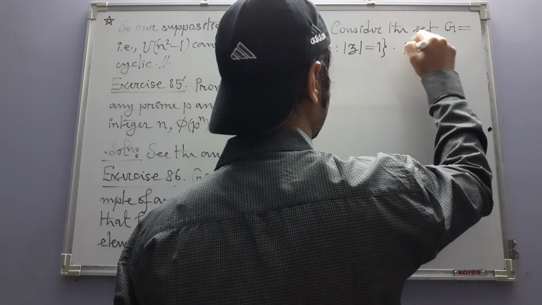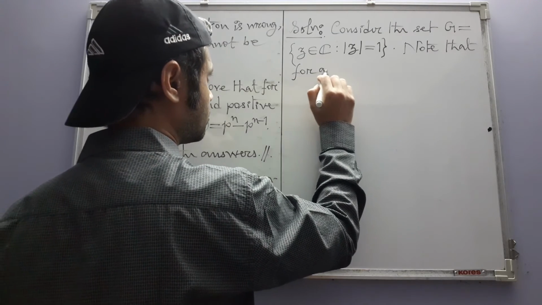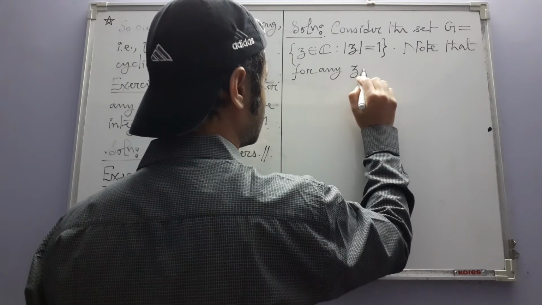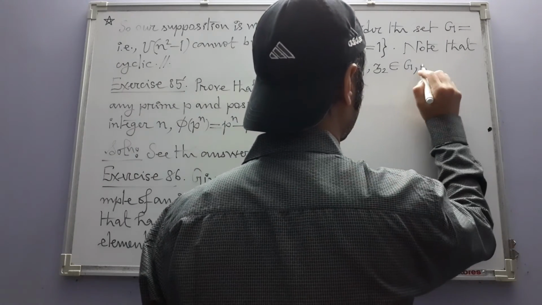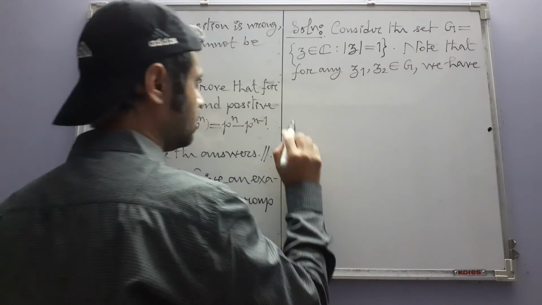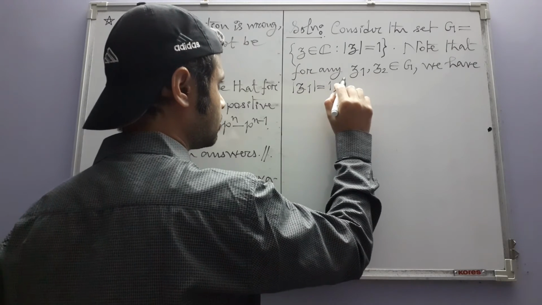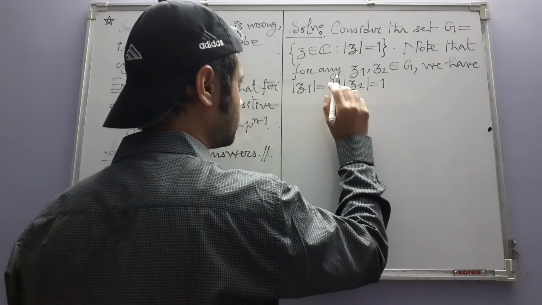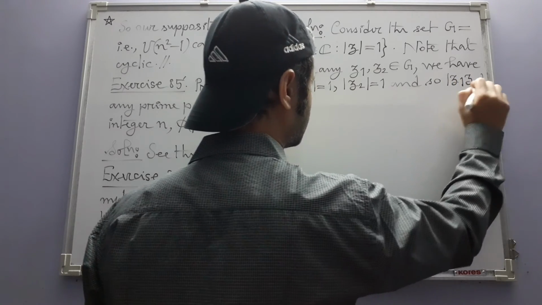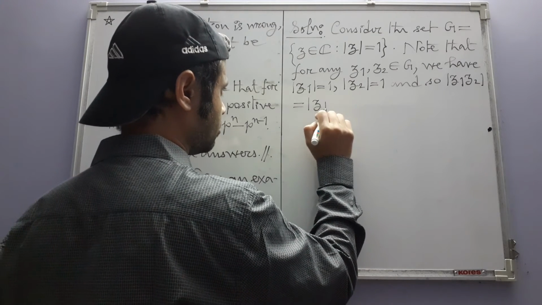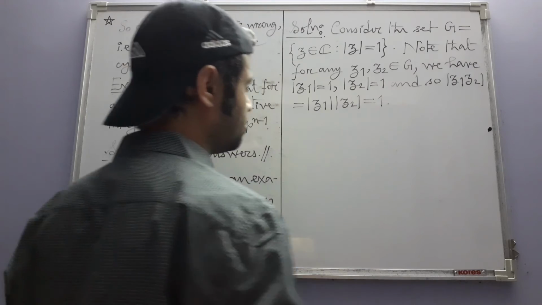Note that for any two complex numbers in G, their absolute values are equal to 1, and so the absolute value of the product, which we know from elementary properties of absolute values, is equal to the product of the absolute values, that is also equal to 1.